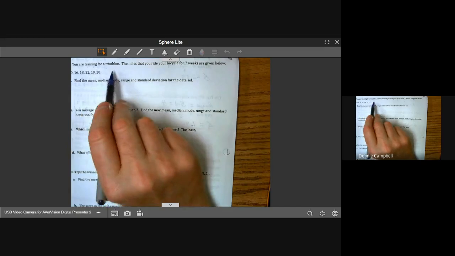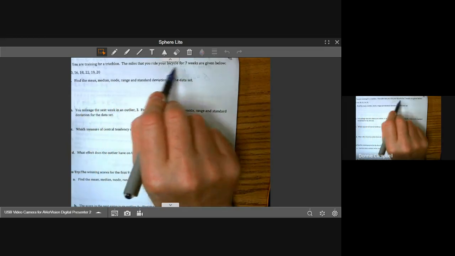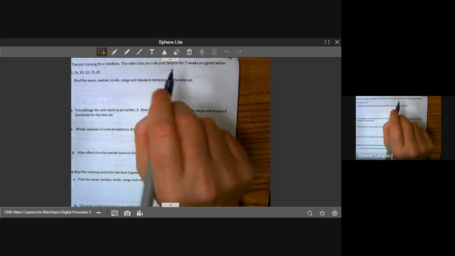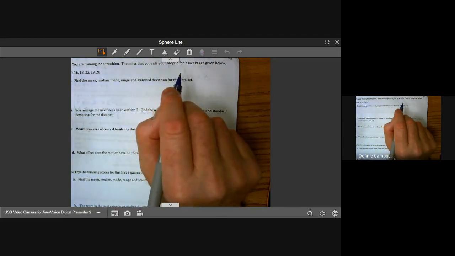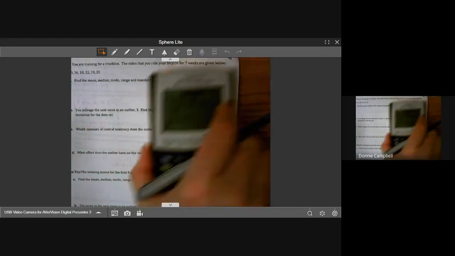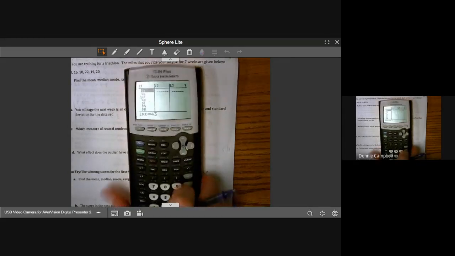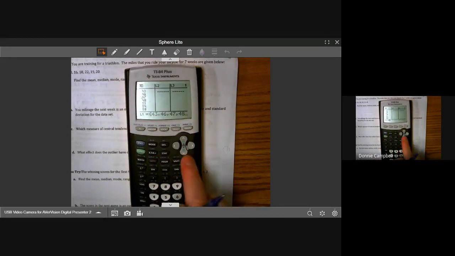You're training for a triathlon. The miles that you ride your bicycle for 7 weeks are given below. Okay. So I'm going to plug it into my calculator. All right. So go to stat, edit, and I want to clear those values out I've already done. Okay. I got to clear those out.